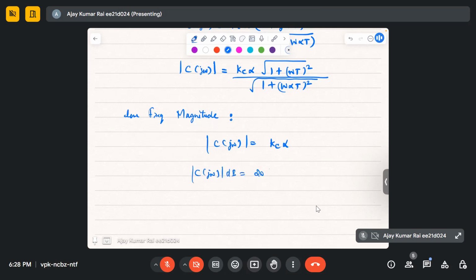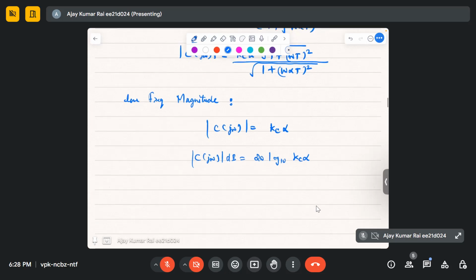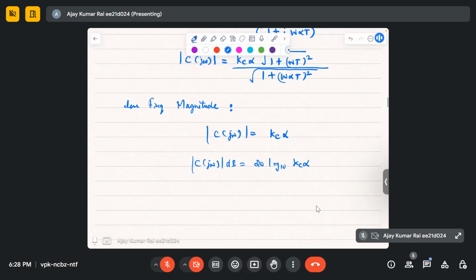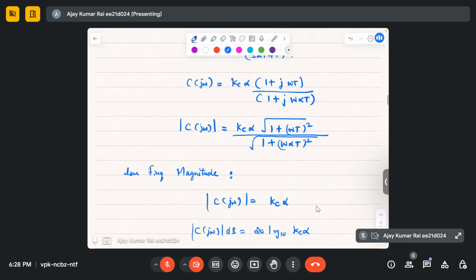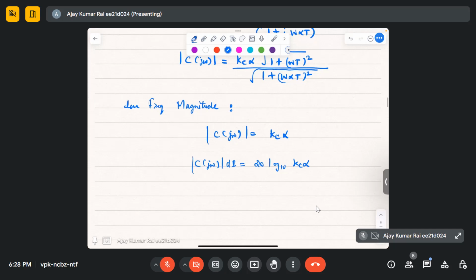In dB, if you try to find it, you'll get 20 log base 10 of Kc into alpha. Kc and alpha both are positive here. So we have to find Kc into alpha, and what's given in the question? Low frequency magnitude is equal to 0 dB.